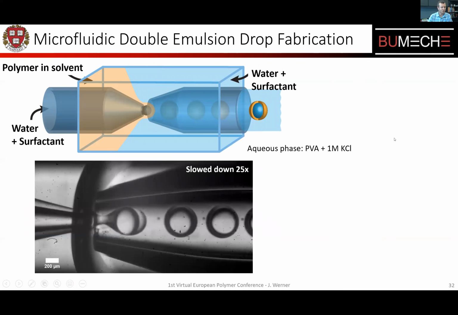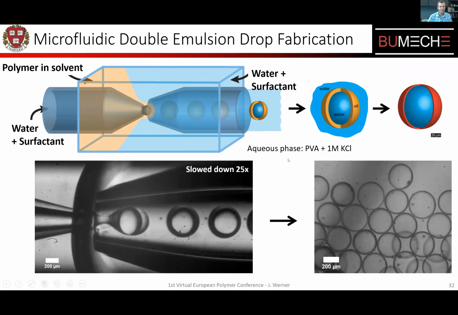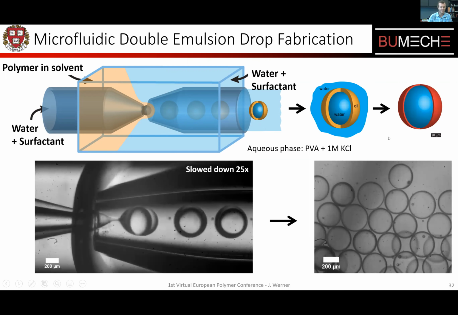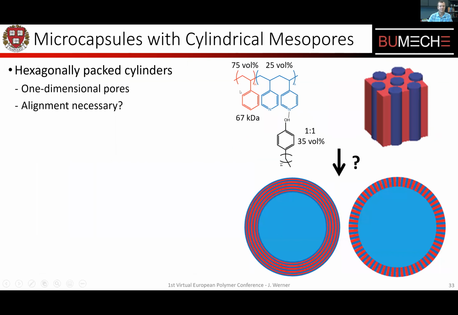Now, we chose in this case to use these polymers and porogens in hydrophobic solvents and made our double emulsions again, to obtain double emulsions with our block copolymers. Then upon evaporation or diffusion of the solvent from the shell, we get solidified shells. First, when we looked at the diblock copolymer with our porogen that formed a cylindrical nanostructure, we were interested: will these cylinders align around the shell parallel to the surface of the shell or perpendicular?